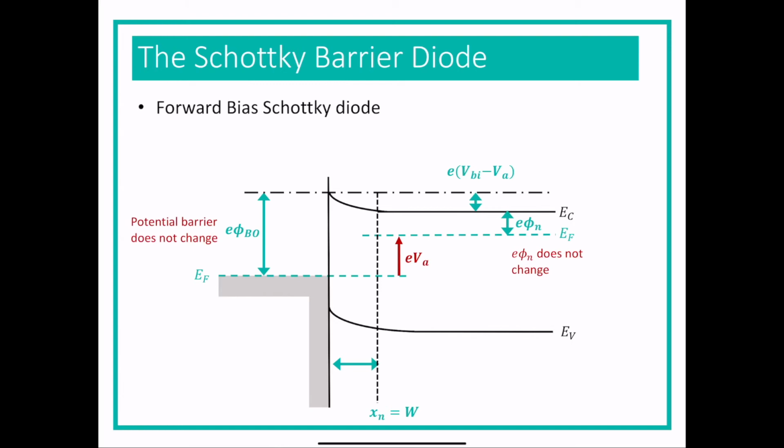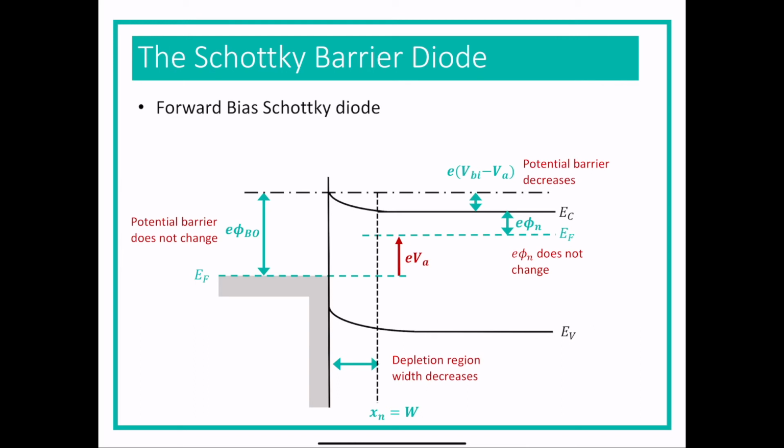The potential barrier doesn't change, so all of that's going to stay the same. So again, the only things that can change are the potential barrier on the semiconductor side and the depletion region width. So both of those are going to be the things that give when we apply forward and reverse voltage. The metal side is stable like a metal.